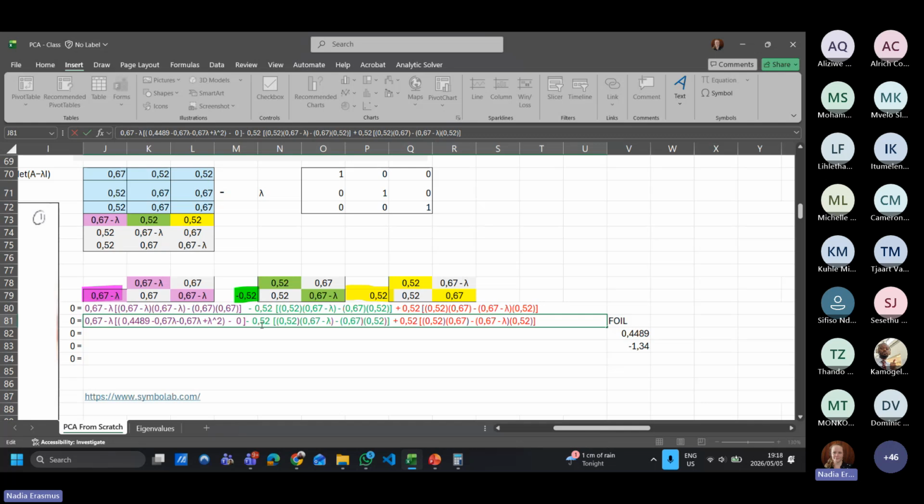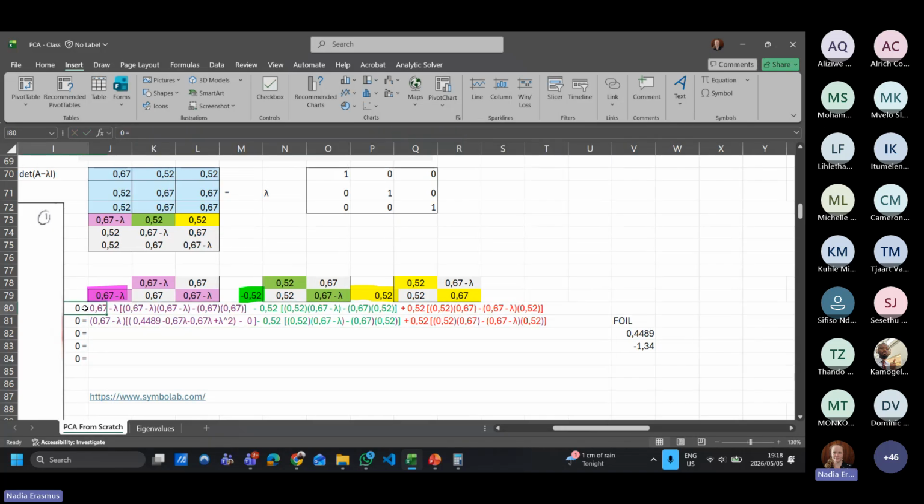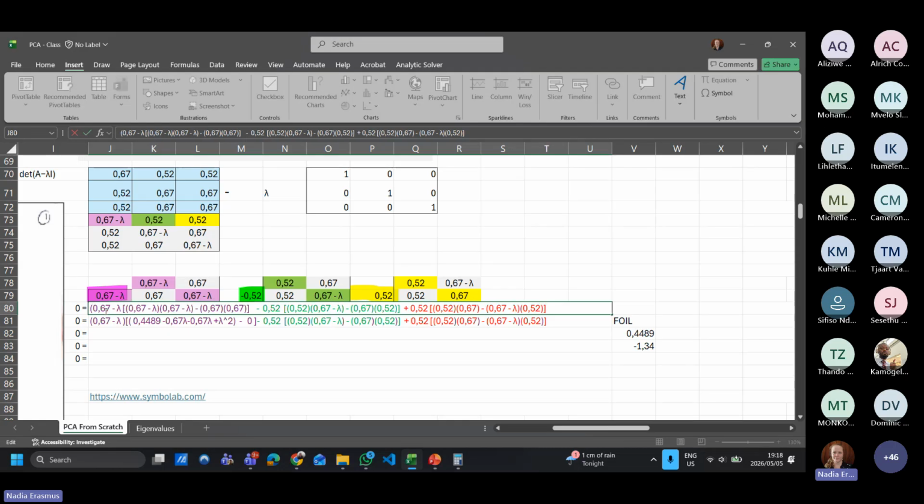Okay, sorry about that. So it was 0.67 minus lambda. We have solved those. Let's add a bracket around the first one, otherwise we will forget to multiply it. So we have solved the first two brackets, then we're going to solve the next bracket.